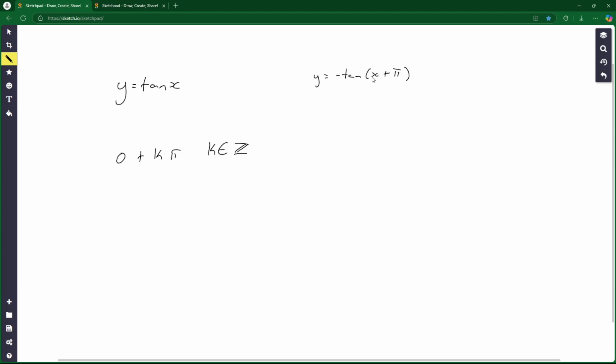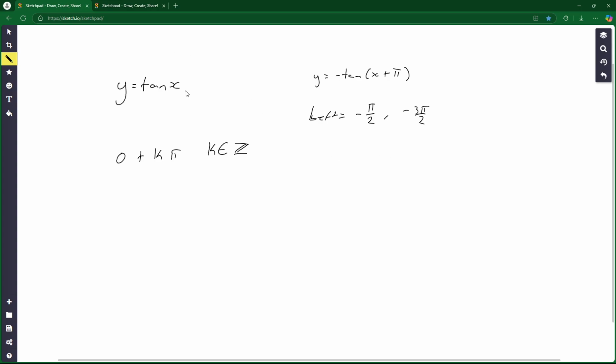If we pull out pi, pi over pi is just going to equal 1, or really just 1 revolution, one period. So our left asymptote is going to equal negative pi over 2 and negative 3 pi over 2.